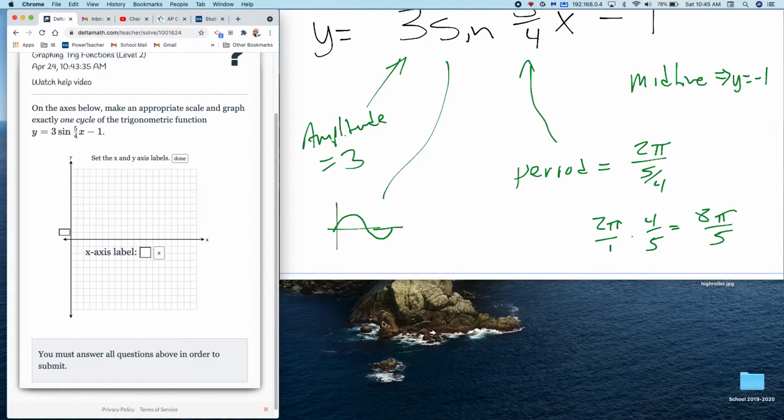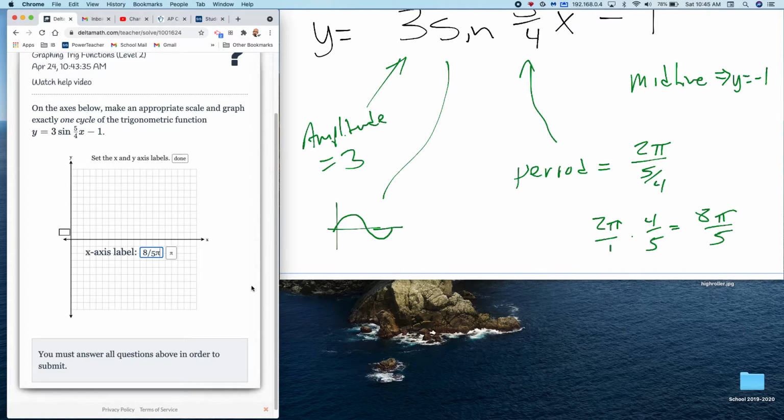So here's what I'm going to encourage you to do. Now you know that this kind of splits in here, right? So we know that what I'm going to label this x-axis is I'm going to label this as 8/5 pi. Now I'm going to label the axis there.